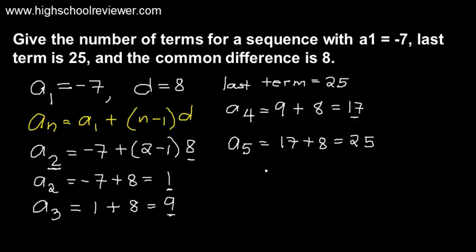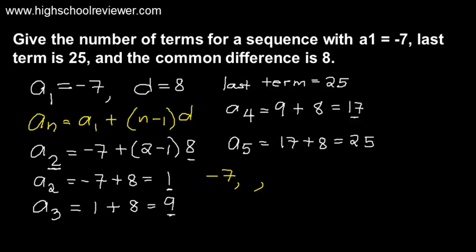So these are now our terms for the arithmetic sequence. Our first term is negative 7, followed by our a sub 2, which is positive 1.